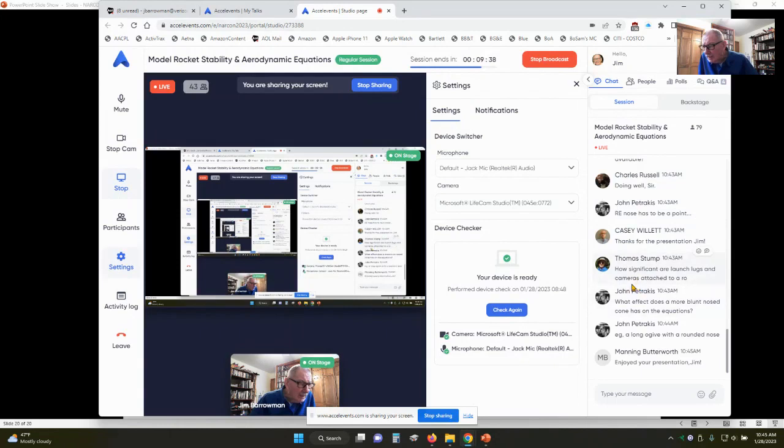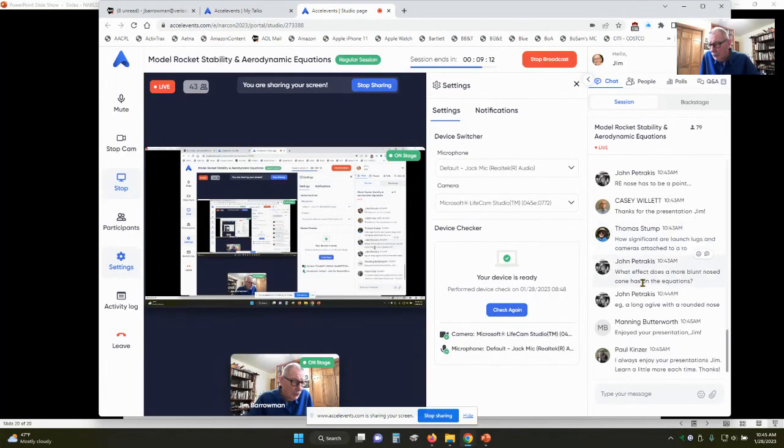Launch lugs and cameras attached. How significant are they? Probably not terribly significant. That's one of the reasons we want to maintain a diameter of stability, to have a little conservatism in the situation, so that things like launch lugs and any small protrusions are covered.